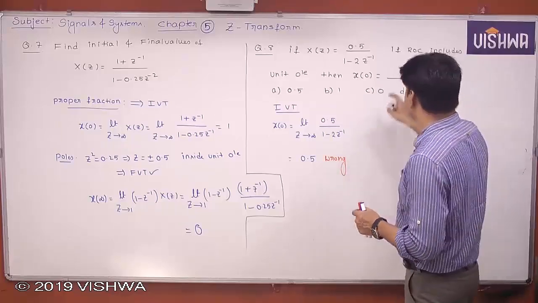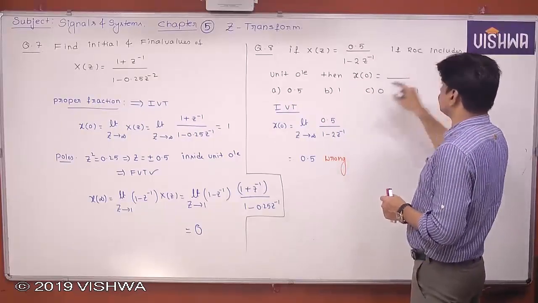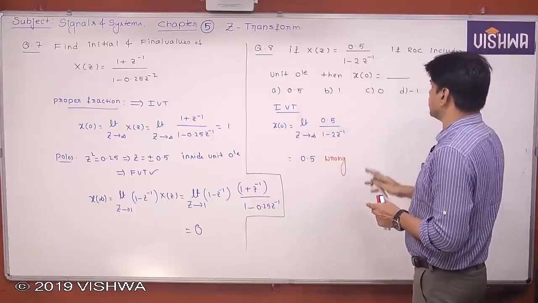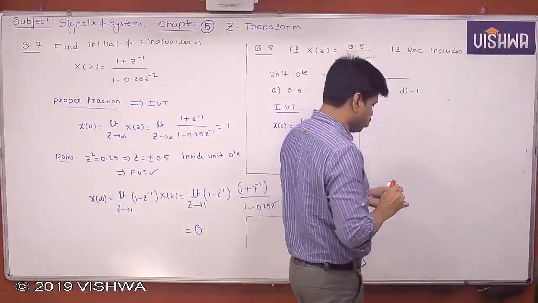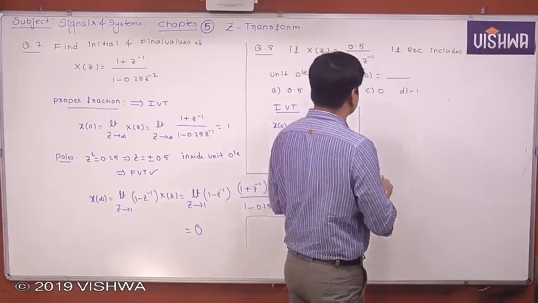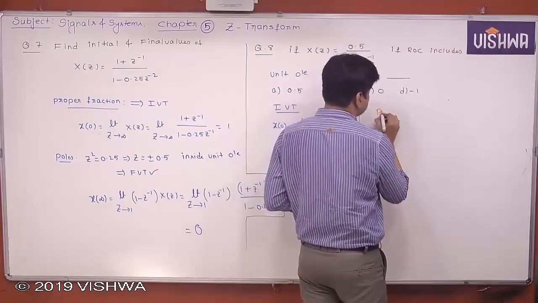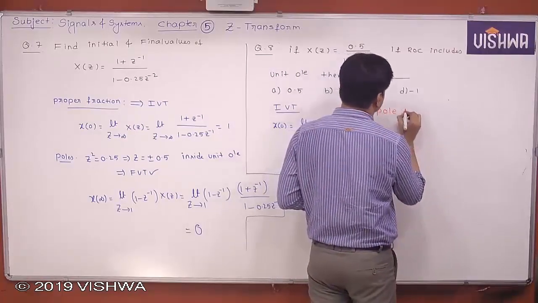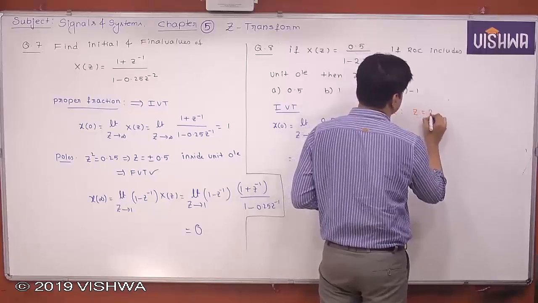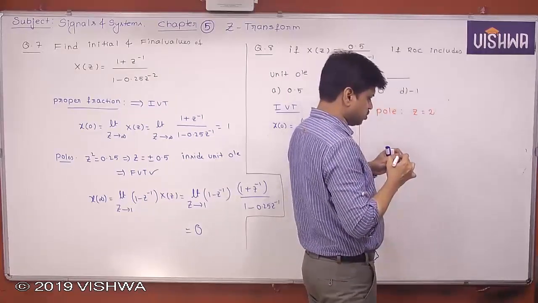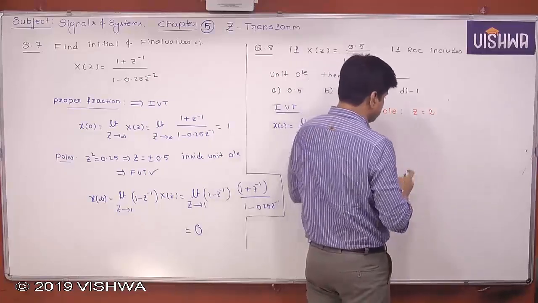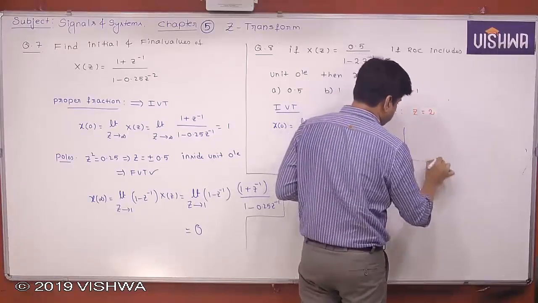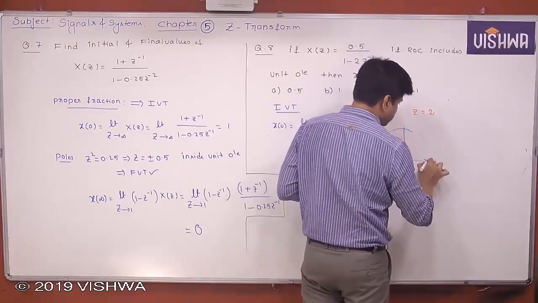For that they have given some information: the ROC includes the unit circle. First of all, what is the pole here? Pole is z is equal to 2. So if I take z is equal to 2, correspondingly this is the circle.